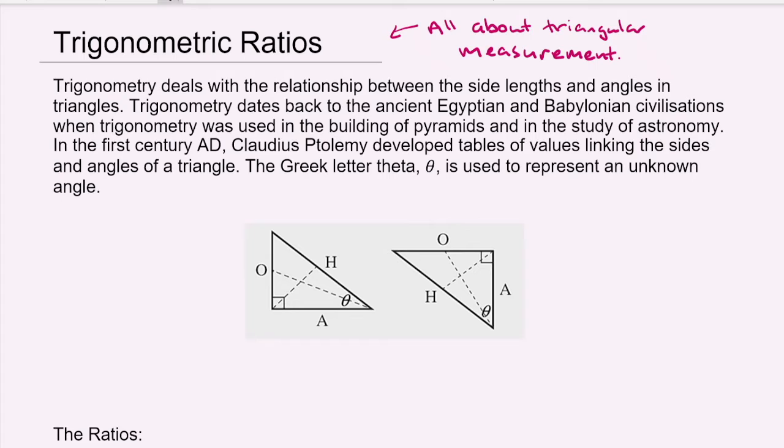Now, something that we do need to know a little bit about before we get started is that we use Greek letters in trigonometry a lot, and the Greek letters that we tend to use are theta, sometimes alpha, sometimes beta, and sometimes phi, if I draw the phi correctly.